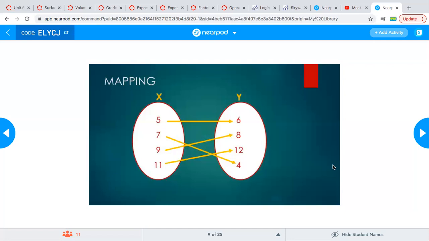When you see a mapping, the first circle is always the X values, and the second circle is always the Y values.